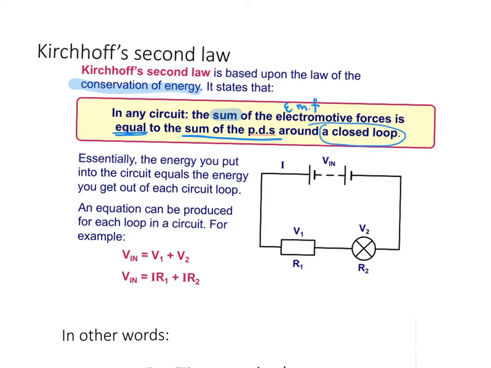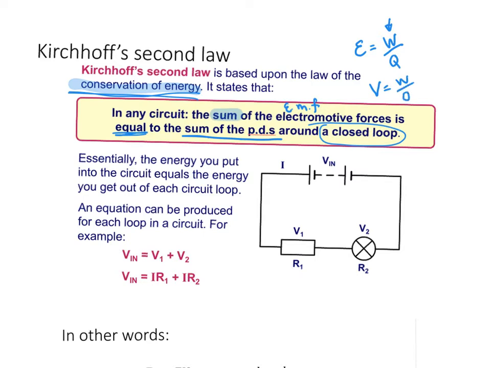So basically, we know that EMF is equal to the work done or the energy transferred to each unit charge. So just by looking at the definition, the fact that it's based on conservation of energy, we can already see that. So the EMF is energy given to each charge carrier, and potential difference is the work done per unit charge.